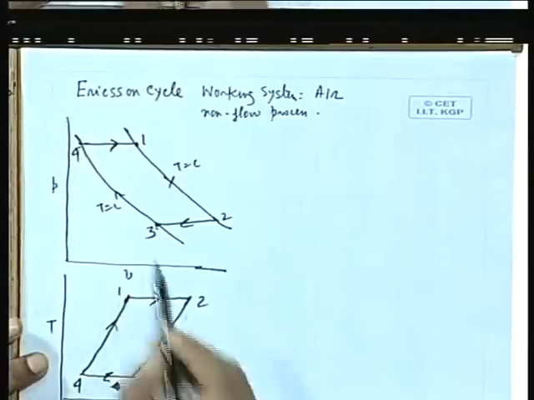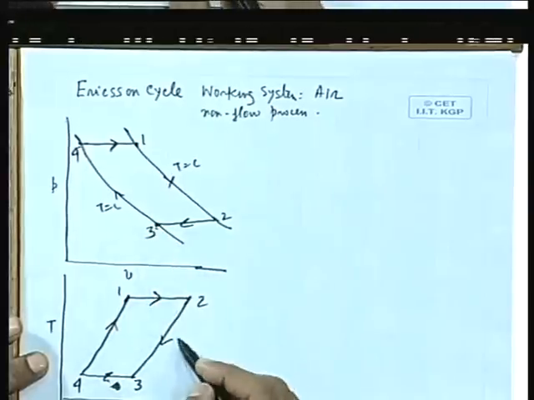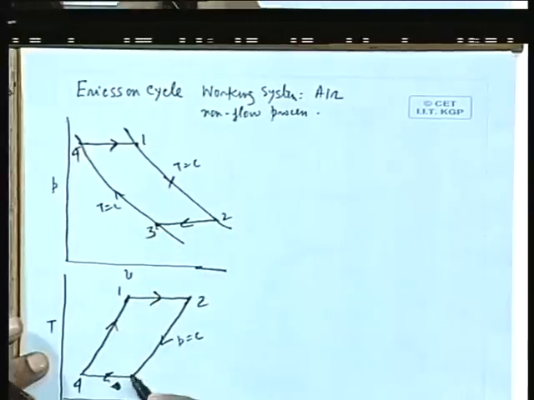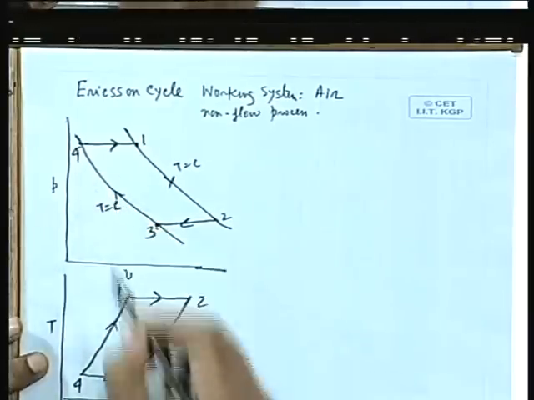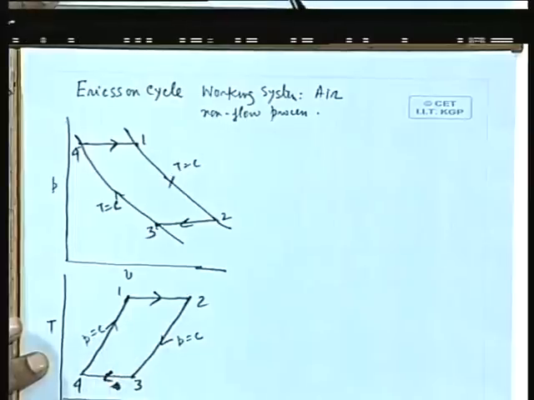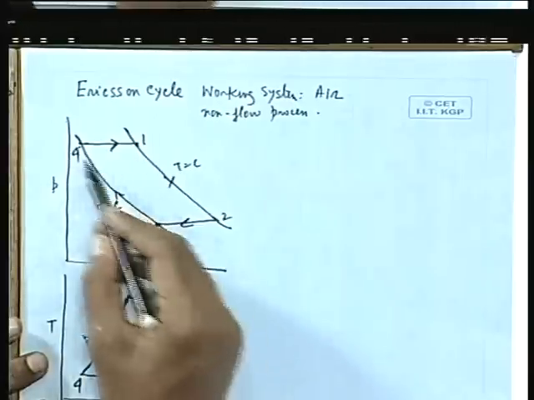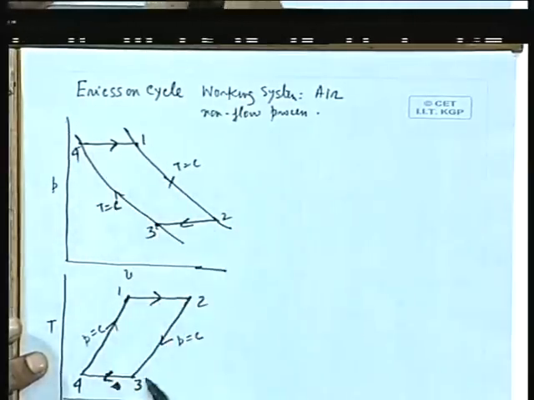That means 1, 2 is the isothermal process, 2, 3 is the constant pressure process, 3, 4 again is an isothermal process, T is equal to constant, and 4, 1 is again the constant pressure process. All right. So this comprises the Ericsson cycle. The difference is that in the Stirling cycle, there were 2 constant volume processes instead of 2 constant pressure processes in between the 2 isothermal processes.